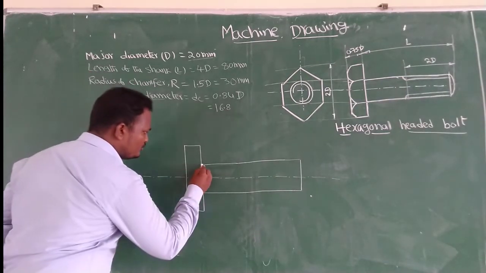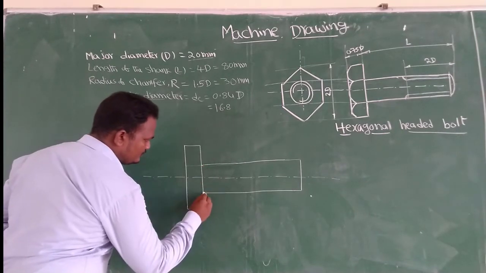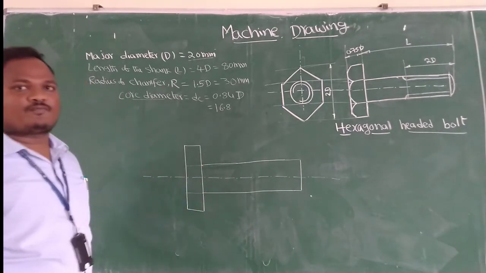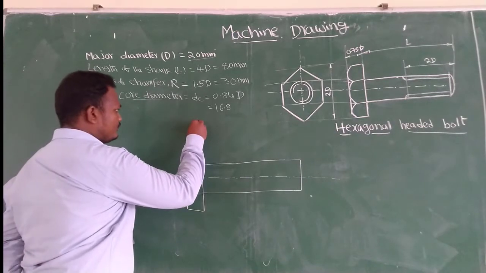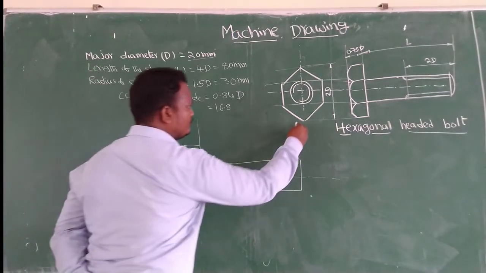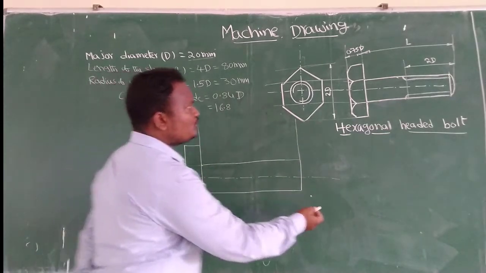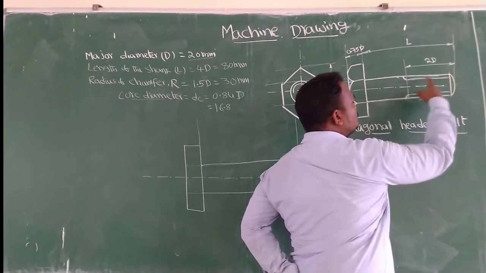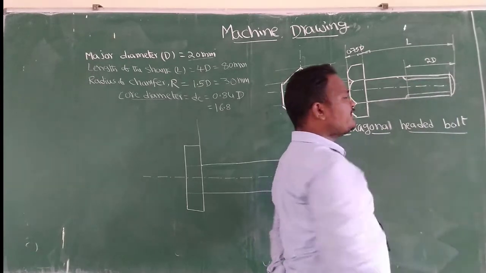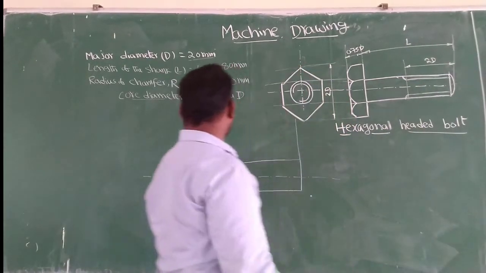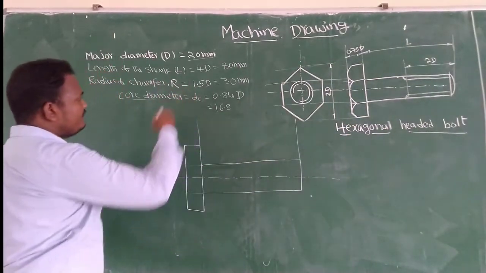Like this we have to take. This is the thread portion, from here to here. The thread portion is 2D, 2 into 20 mm. Like that you have to take.